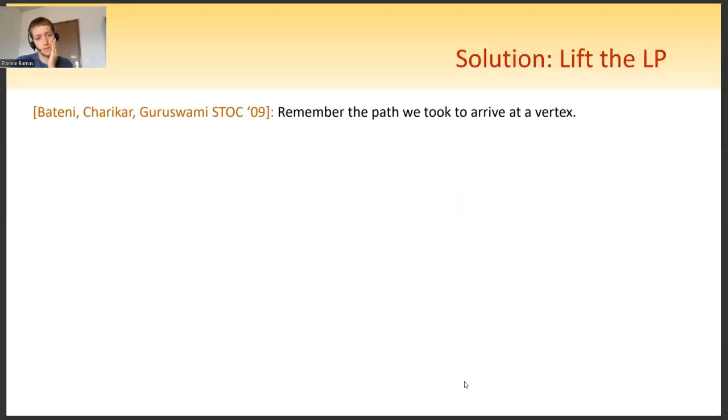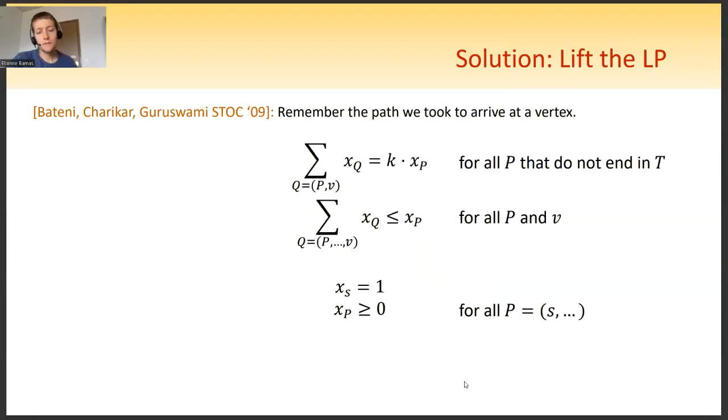So formally, you can just use standard LP hierarchies to lift and project the linear program relaxation. And what you get is the following linear program. You have one variable for each path P that starts at the source. And the constraints are, first, a kind of demand constraint.